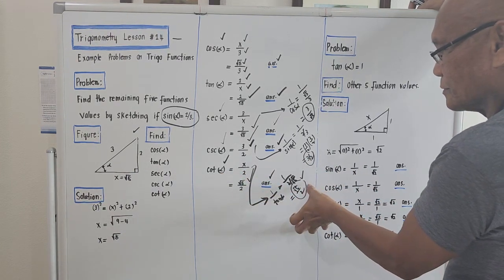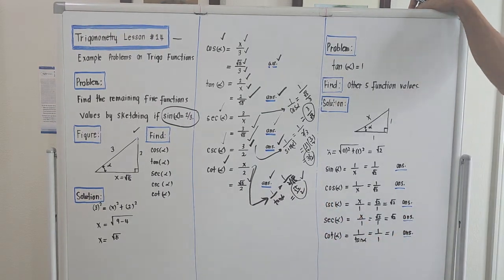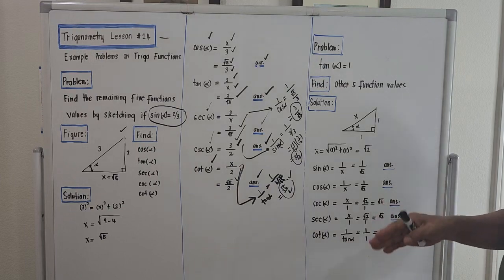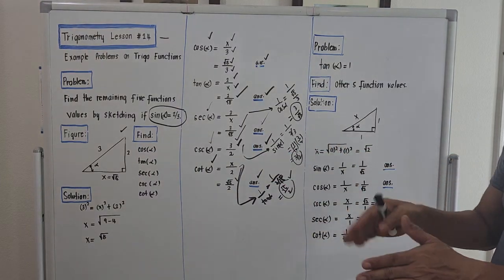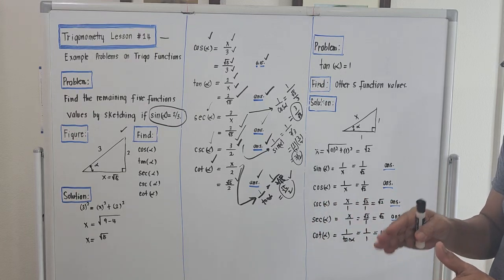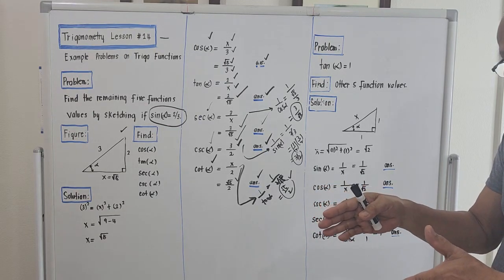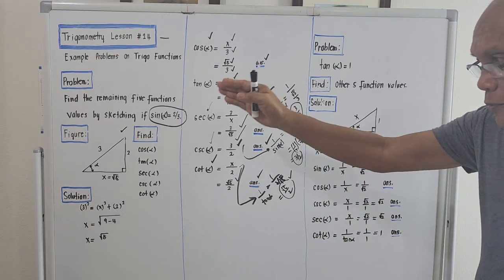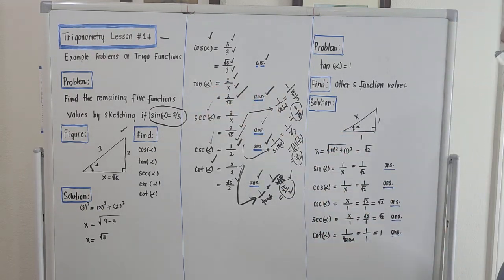We brought out 2 solutions. Okay, it's an easy one. And the procedure is always like this. If you are solving a Trigo function and one function is given and the problem is asking for the other 5 functions, the solution will always be like this.